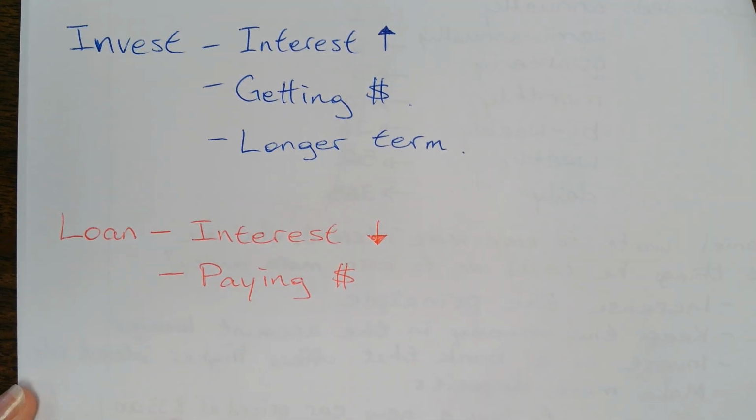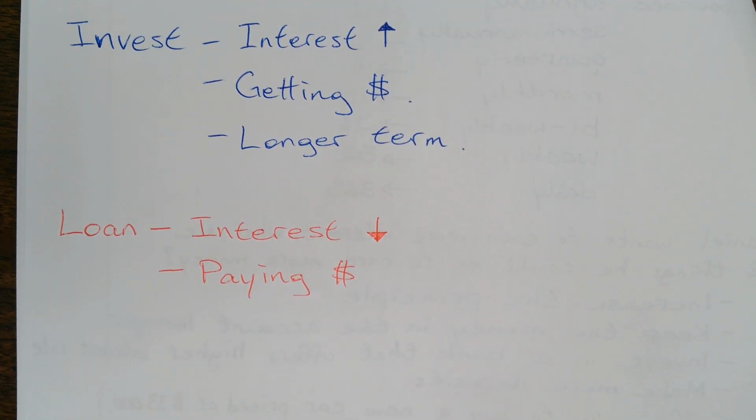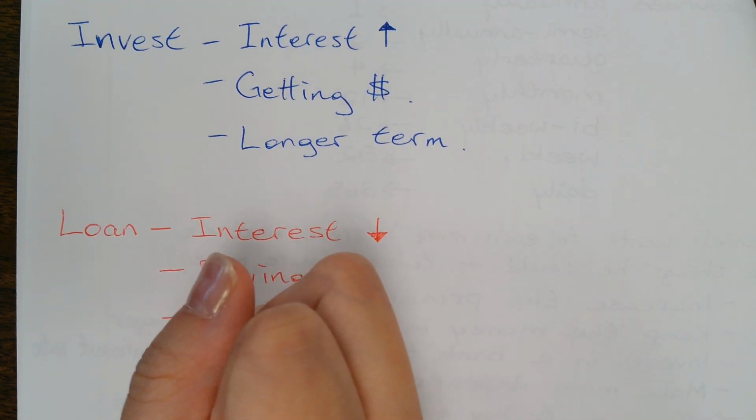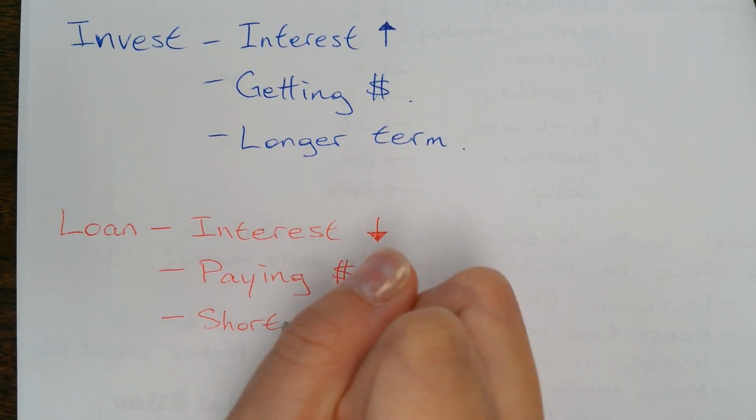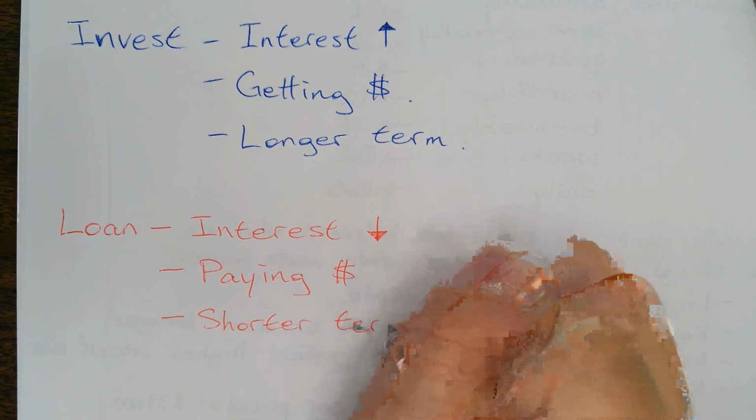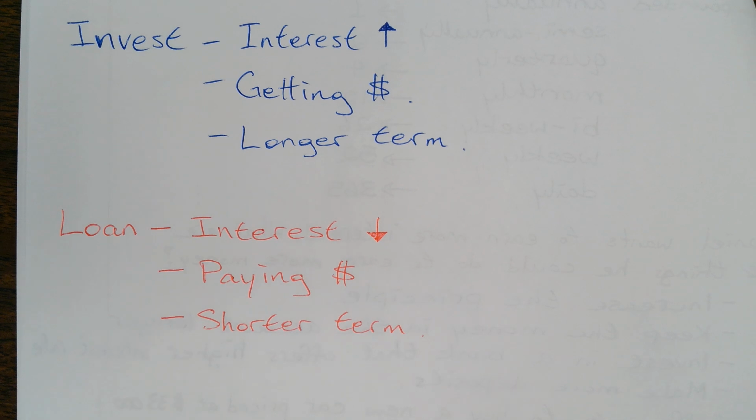I'm paying the bank to borrow money. And to decrease my interest, I want to be able to do a shorter term. So these are all financial advices.